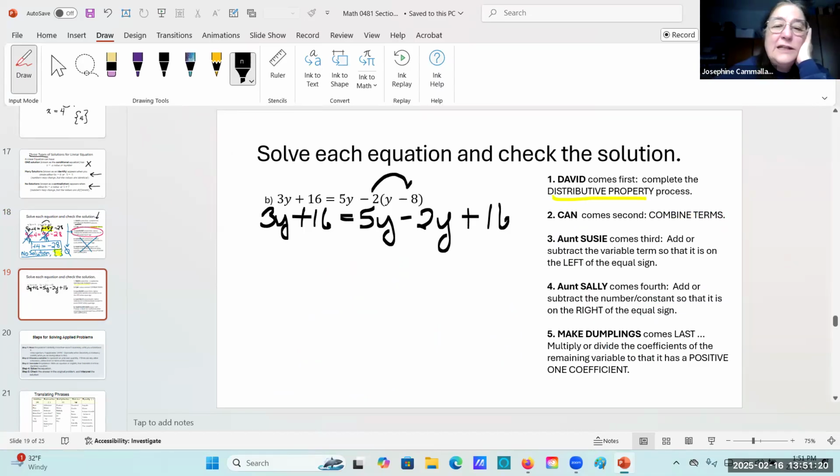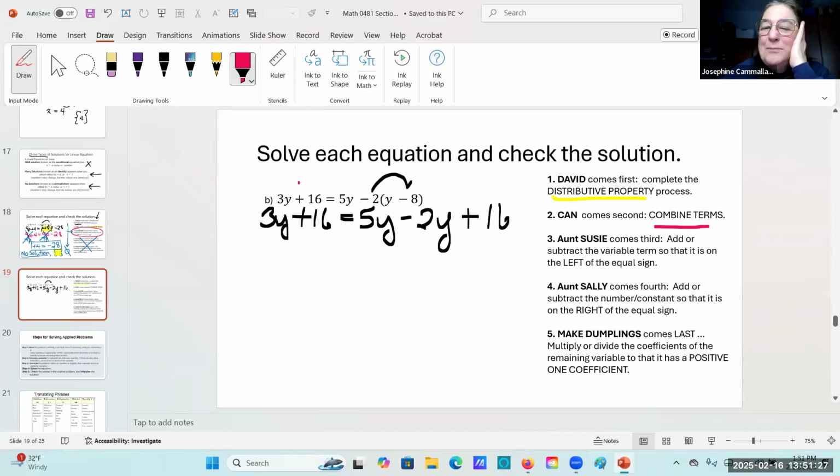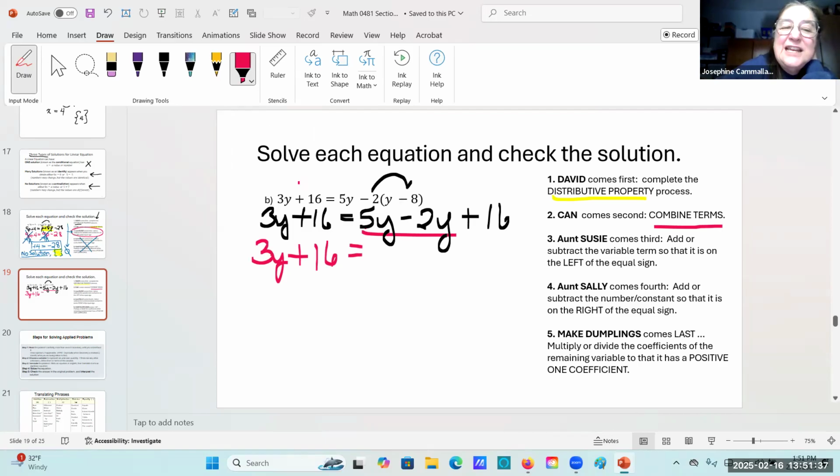This negative is multiplying by a negative. Now, combine terms. That's over here. This is 3y plus 16 is equal to 3y plus 16.